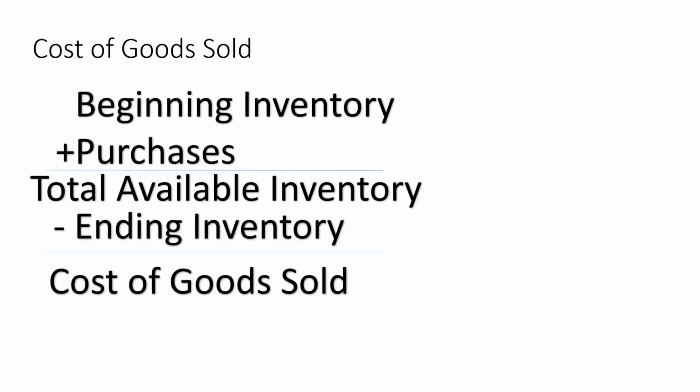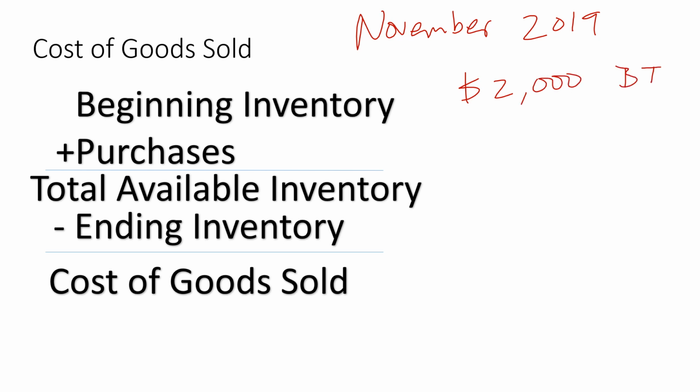Let's say we're going to use the month of November 2019. We start with a beginning inventory of $2,000. Now we received orders on November 9th, November 16th, and November 25th.